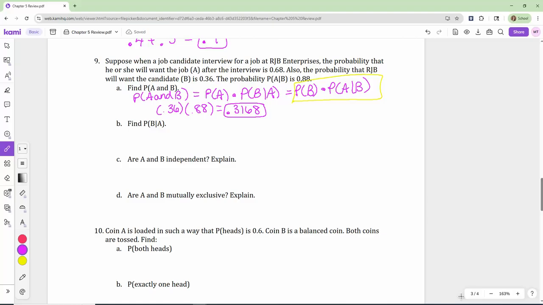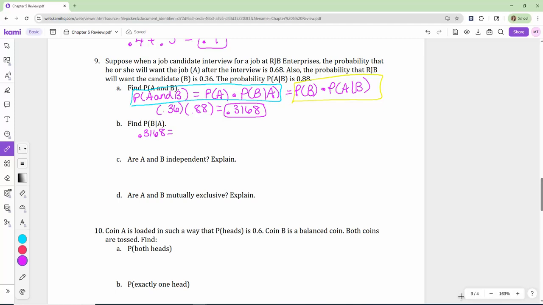How could I find the probability of B given A now? If we look at this half of the formula, do I know the probability of A and B? Yeah, we just found it. It was 0.3168.